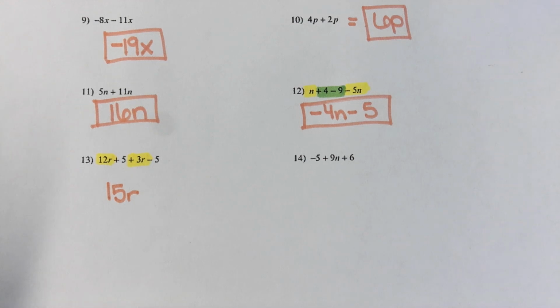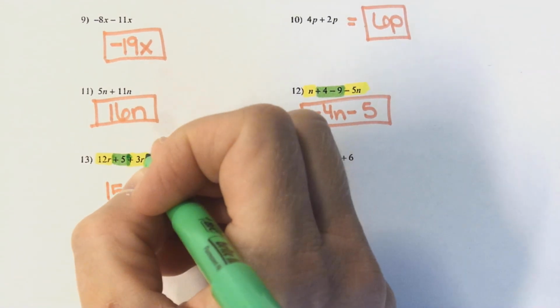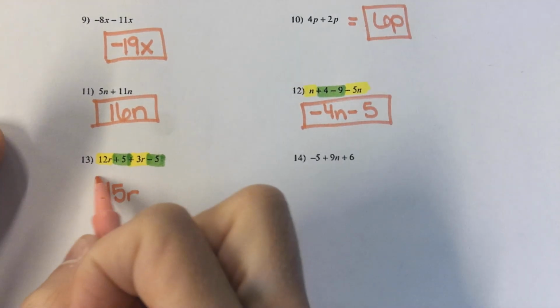Something interesting happens with the 5s. James, if I have a positive 5 and I take 5 away, what happens? So 5 minus 5, 0. So I've got nothing left there. So my answer for this one would just be 15R.